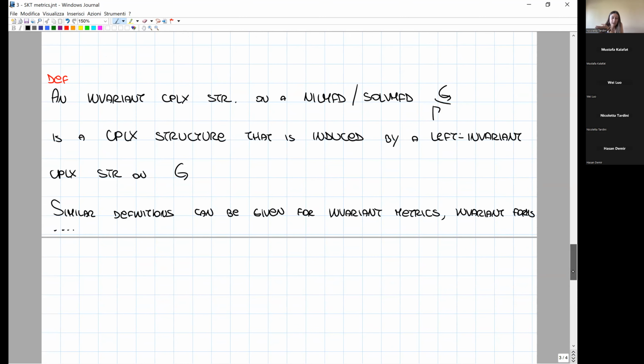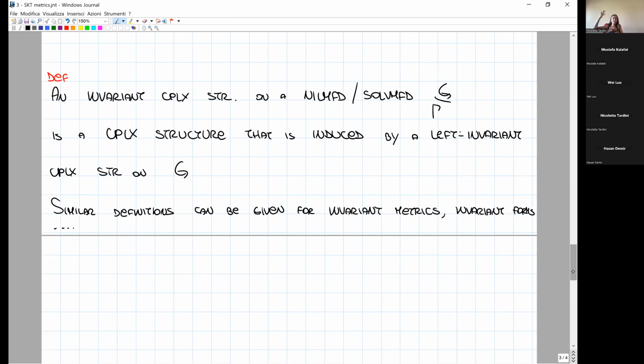Okay, so invariant means that they come from a left invariant structure that was on the Lie group. And this left invariant structure on the Lie group actually is nothing but a geometric structure on the Lie algebra. Okay.